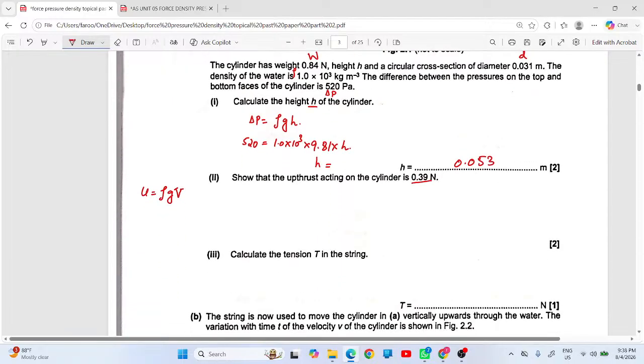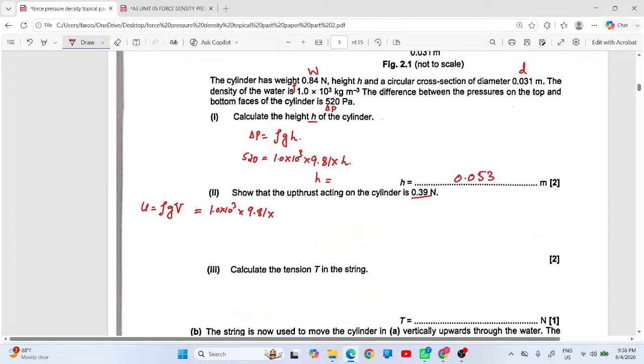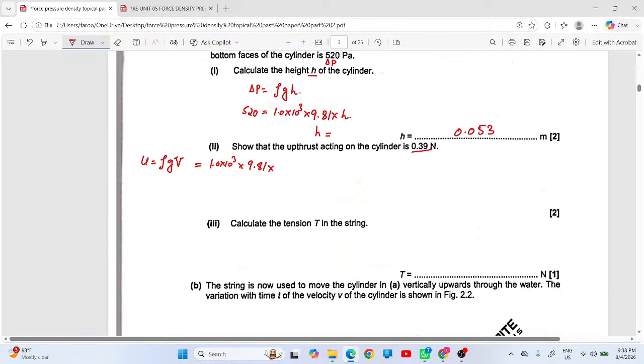So if we write rho is the density which is 1.0 times 10 power 3, g is 9.81, and this you have also told, 4 times 10 raised to power minus 5.